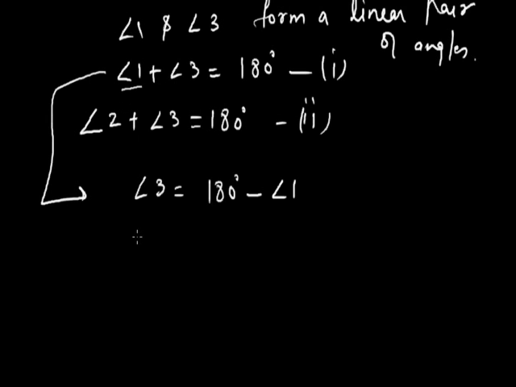Putting this value of angle 3 in equation number 2, angle 2 plus angle 3, I am substituting the value of angle 3 as 180 degrees minus angle 1 equals 180 degrees.